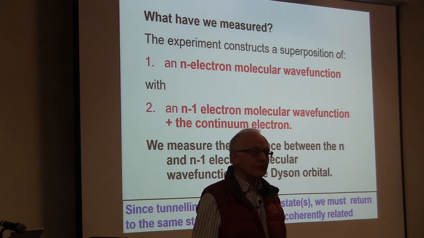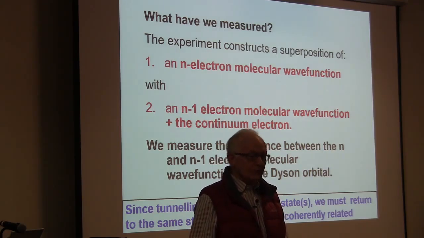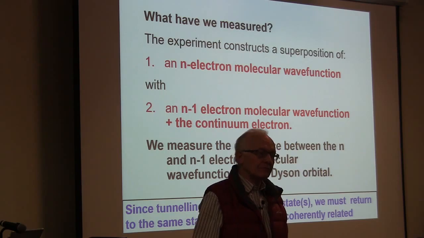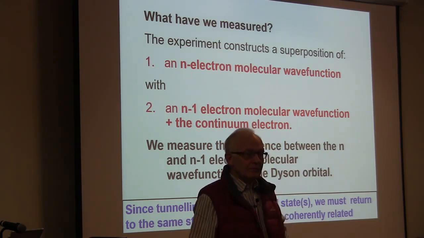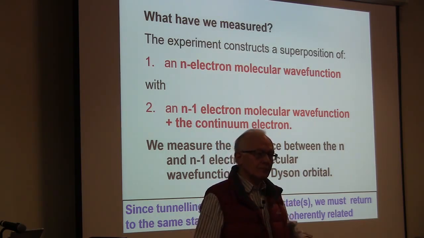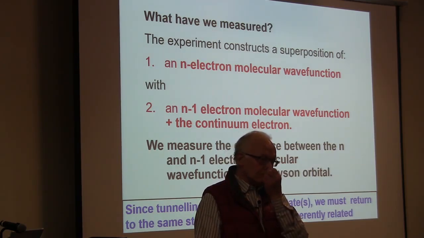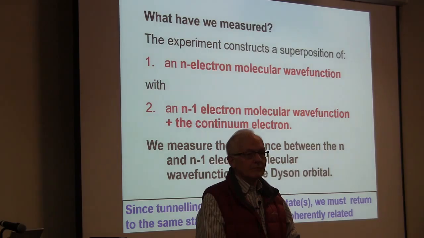You measure a thing that has nodes in it. And then from your tomographic reconstruction, you can say that there's a phase jump across there, and that seems to fit very well with the orbital picture. So my question is, how do I think about that phase jump in the Dyson orbital?